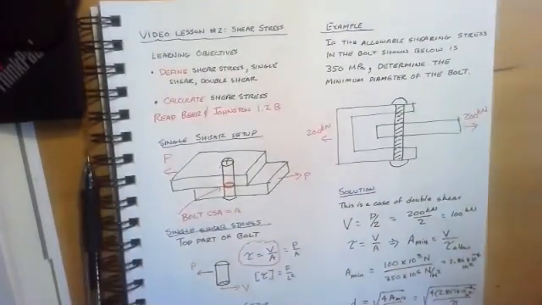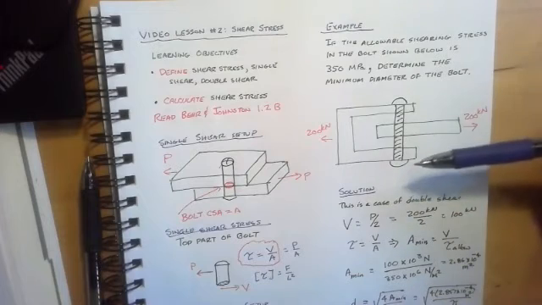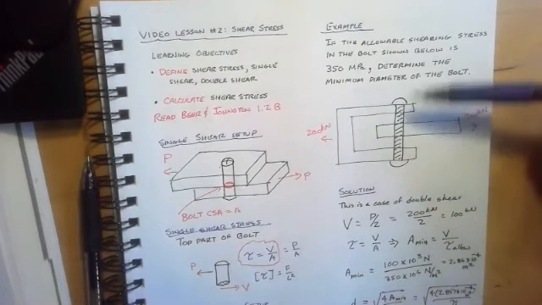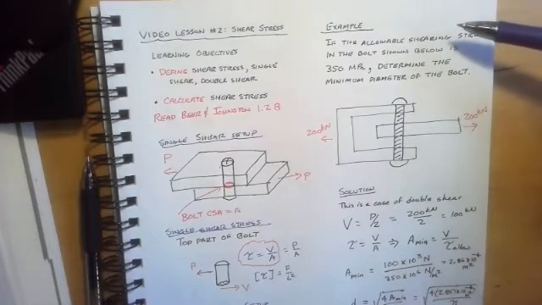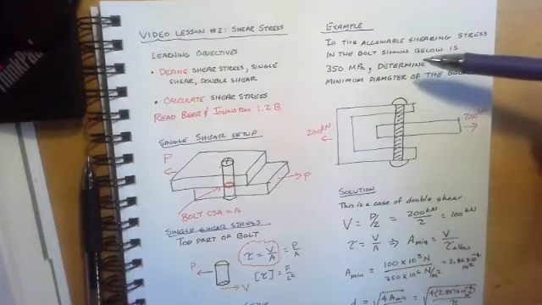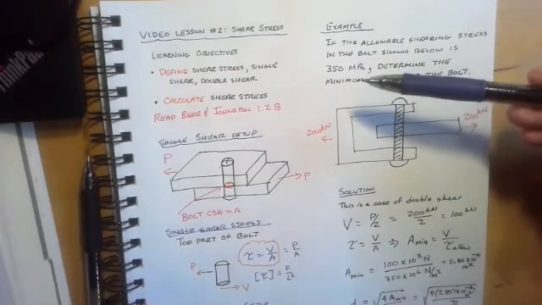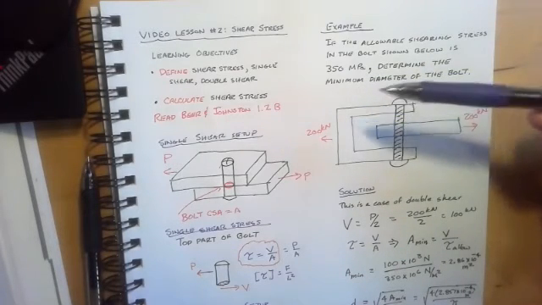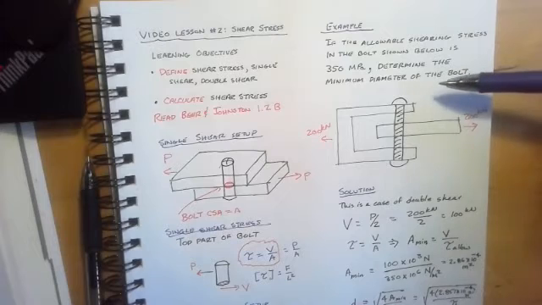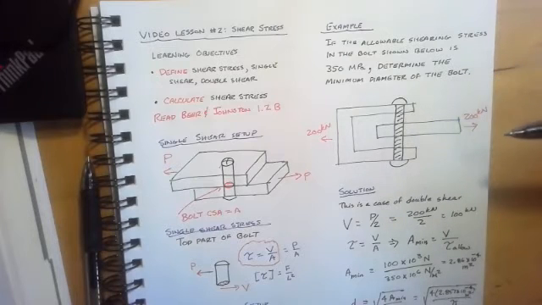So let's take a look at a calculation example. In this bolted configuration, we know that the allowable shearing stress in the bolt is 350 megapascals. So we need to determine the minimum diameter of the bolt.